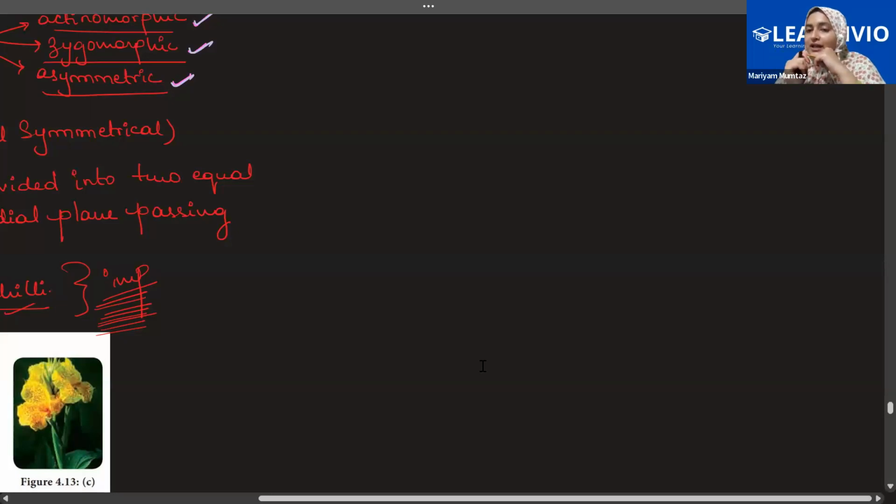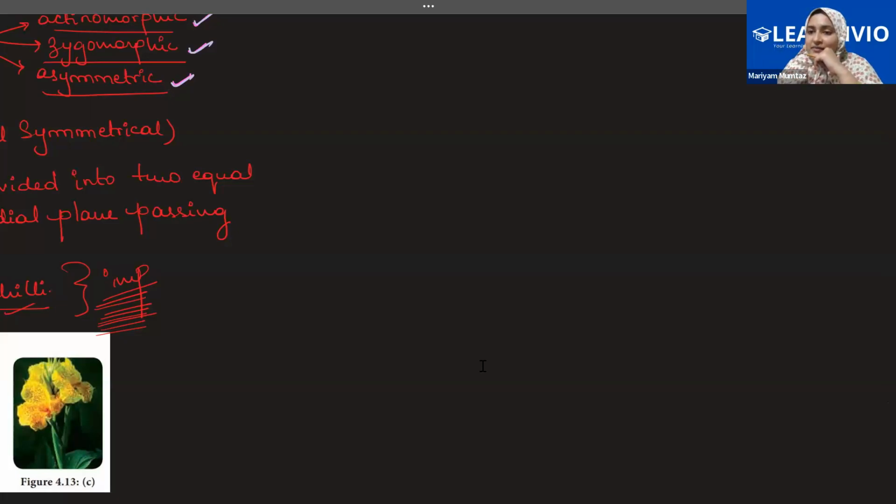The ones that some of you are describing are bilateral symmetry. When you divide it into identical left and right halves, that is bilateral symmetry. But in radial symmetry, you can divide the flower in any plane through the center into equal halves.